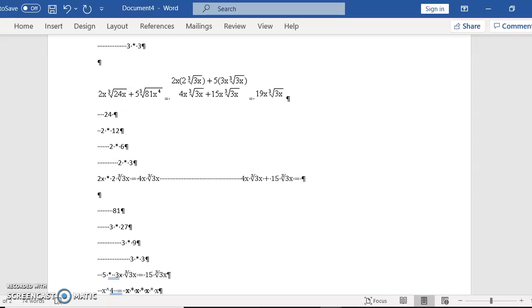Now my radicals are the same, and I can add this together. So now I have 19. Okay, and this is how they got the answer.